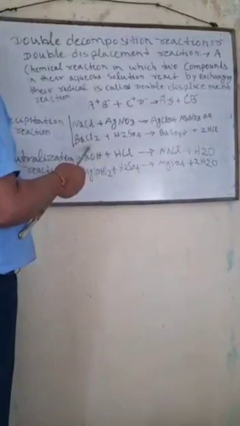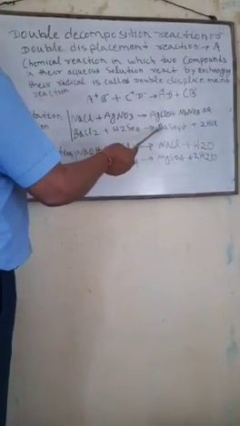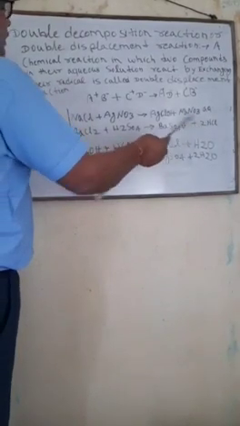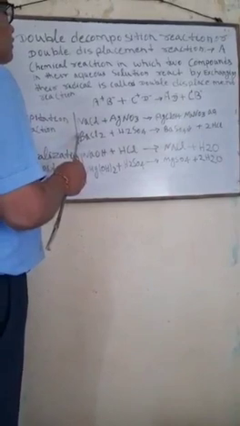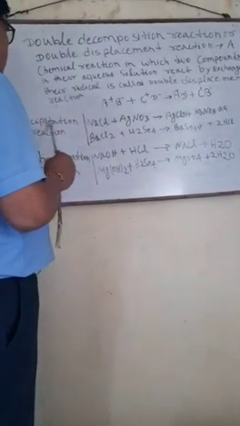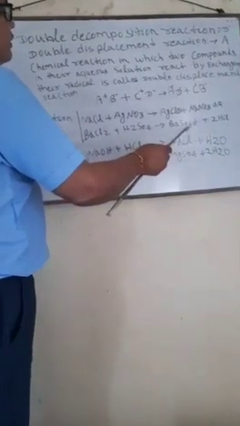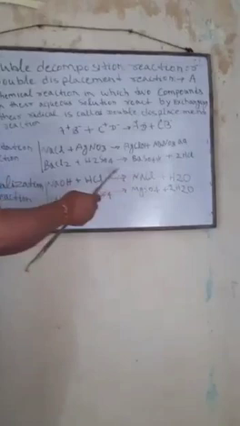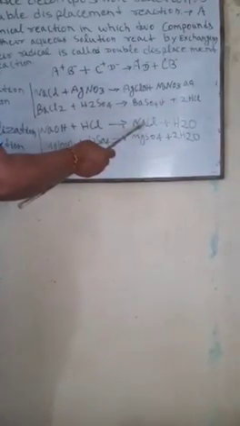Barium chloride reacts with H2SO4 to form BaSO4 plus 2HCl. This example is also called an example of precipitation reaction. Here precipitate is formed. Next, sodium hydroxide reacts with hydrochloric acid to form sodium chloride and water.